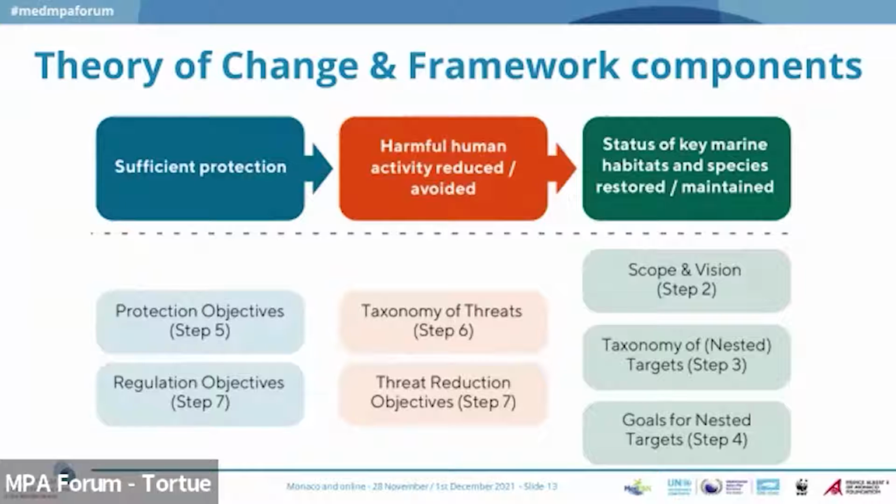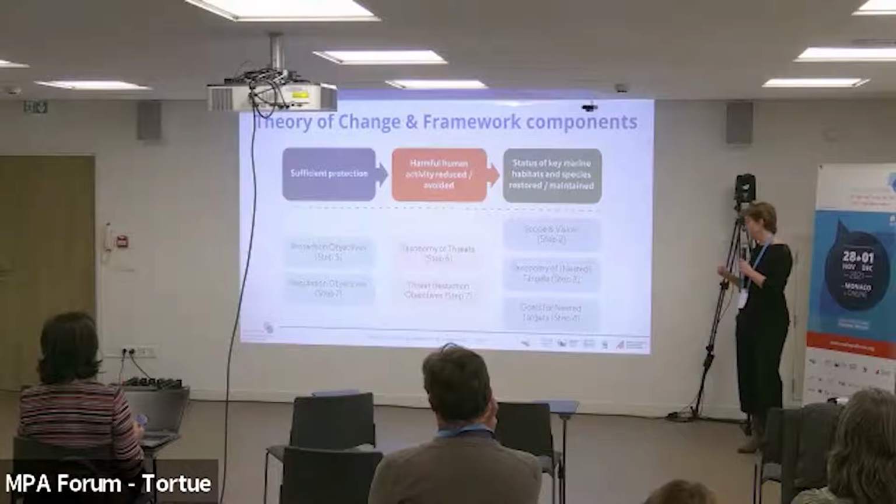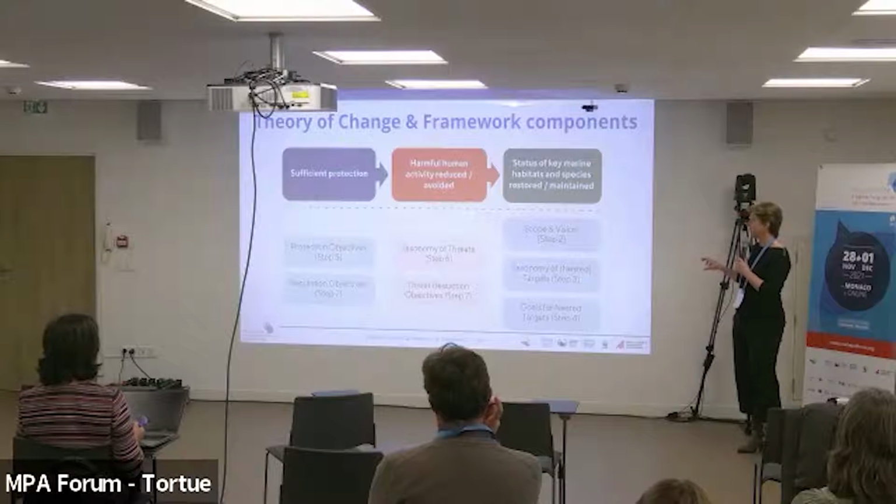How do we classify them? How do we distinguish between threats and stresses? And set threat reduction objectives for them. And we have, related to the status of key marine species, a taxonomy of nested targets. That was quite a headache to make, to really agree on a common taxonomy of the habitats and species. We set goals for nested targets. Next slide, please.